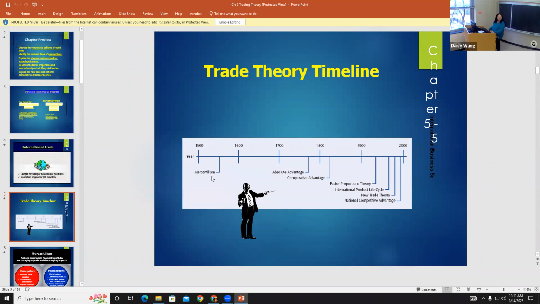We'll talk about it, and then we have absolute advantage, comparative advantage, and later in the 20th century, the factor proportion theory. We have the international product life cycle with new trade theory, and then national competitive advantage. I don't know if we talked about national competitive advantage before. I feel like we did, but you guys can tell me later on.